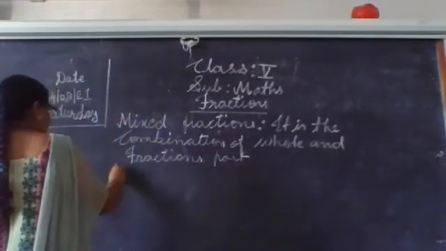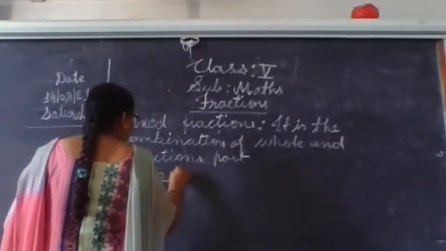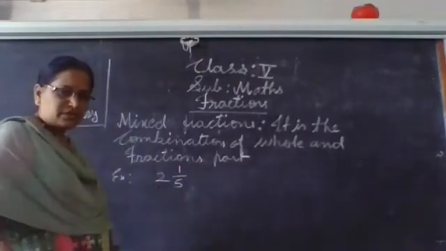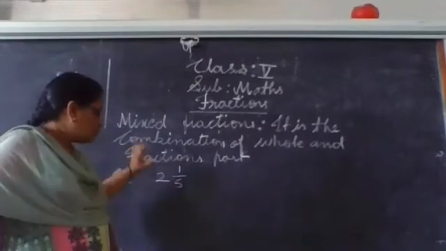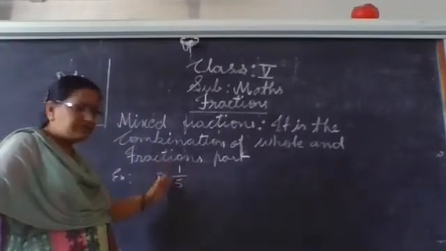For example, see, 2 integer 1 upon 5. So see beta, what is the meaning of this 2 integer 1 upon 5? 2 is the whole number and 1/5 of the third.